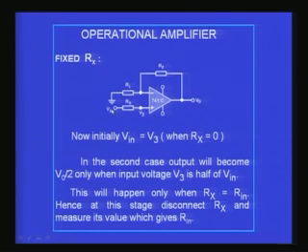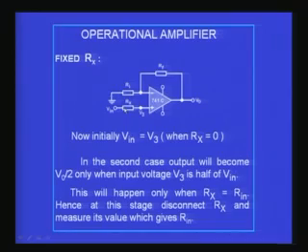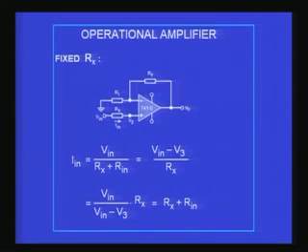V in is the total voltage applied, V3 is the voltage at the midpoint of these two resistors, and from that I can calculate the actual ratio of the two resistors. Rx I know because I connect it in the circuit, and therefore I can evaluate the value of R in. So that is the scheme I am trying to explain to you.